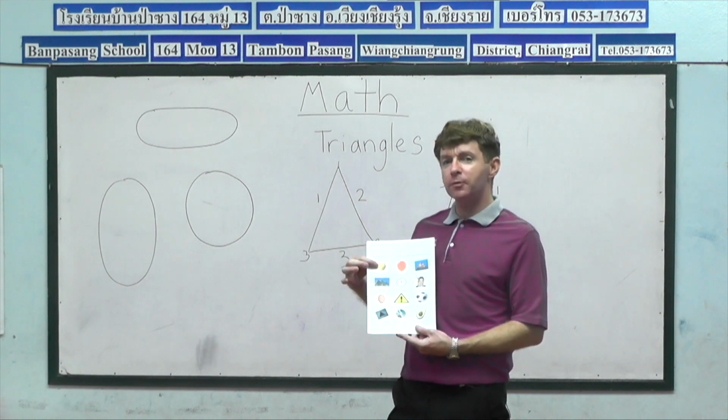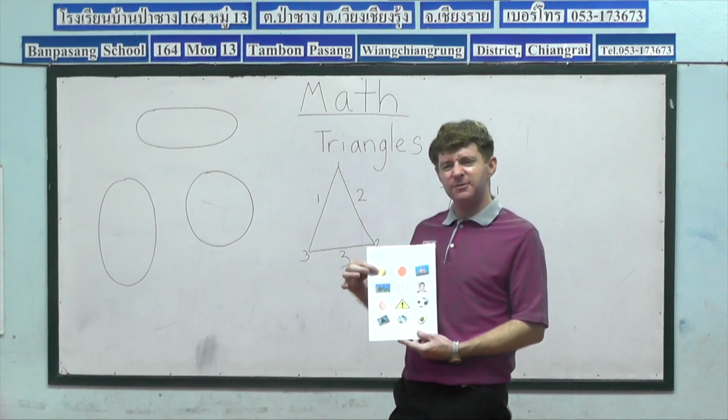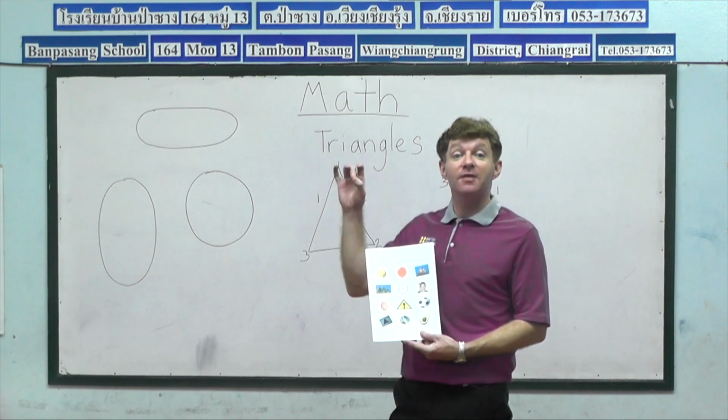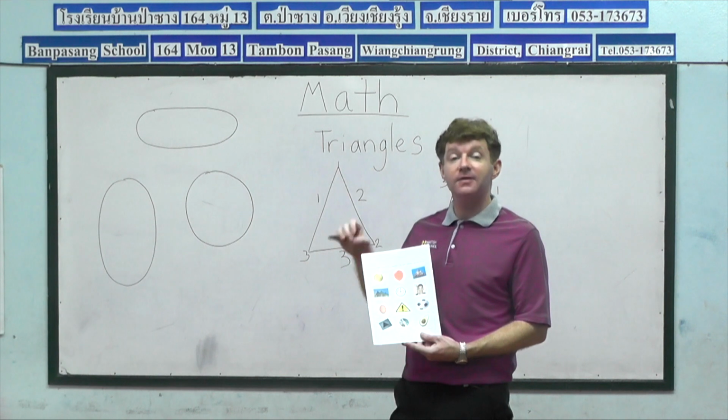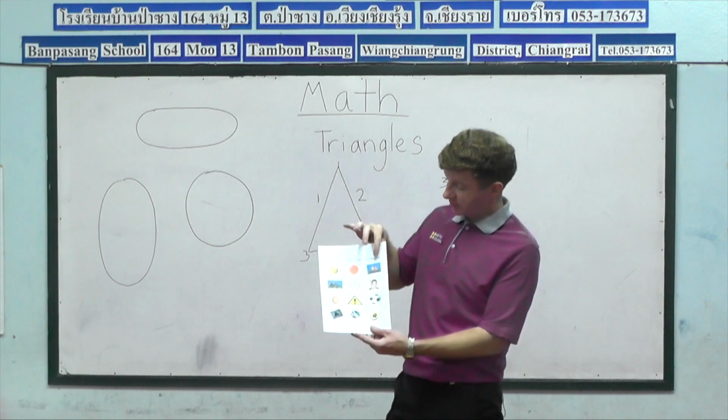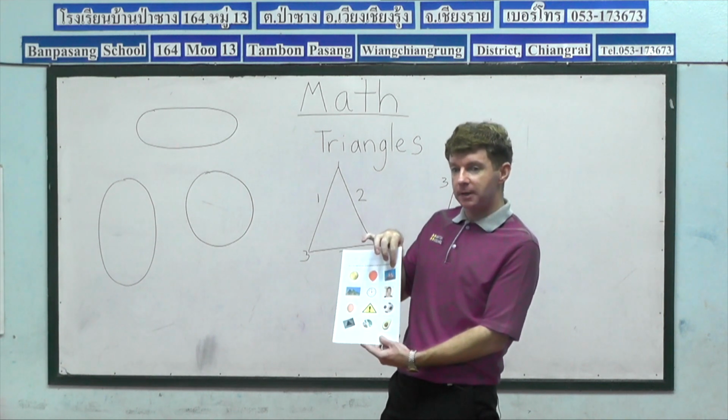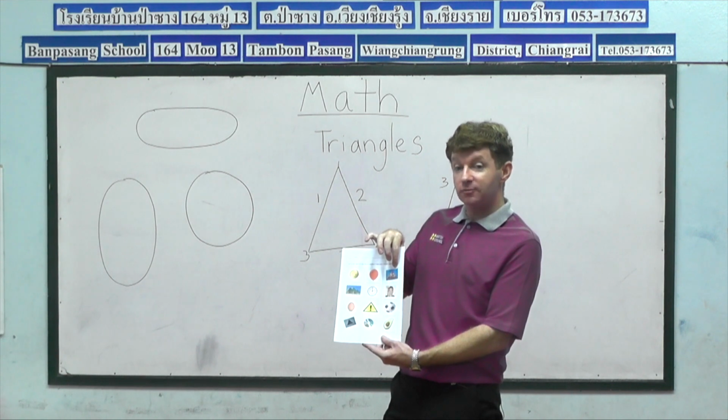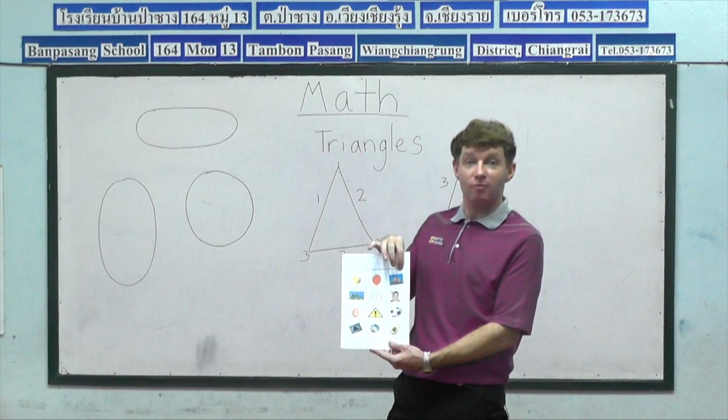So for example, the first one, coin, is this a triangle? No, so we will write this is not a triangle. But then how about this picture here? What shape can you see? Triangle. So we will write this is a triangle.